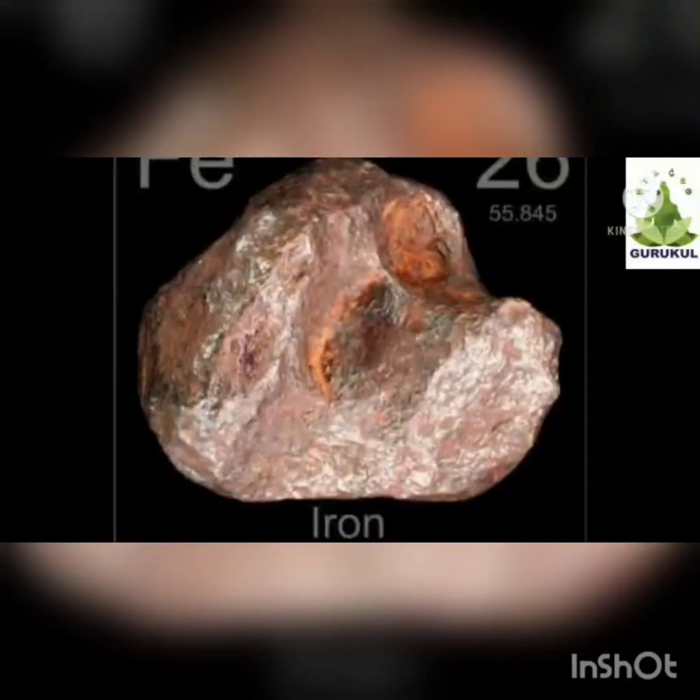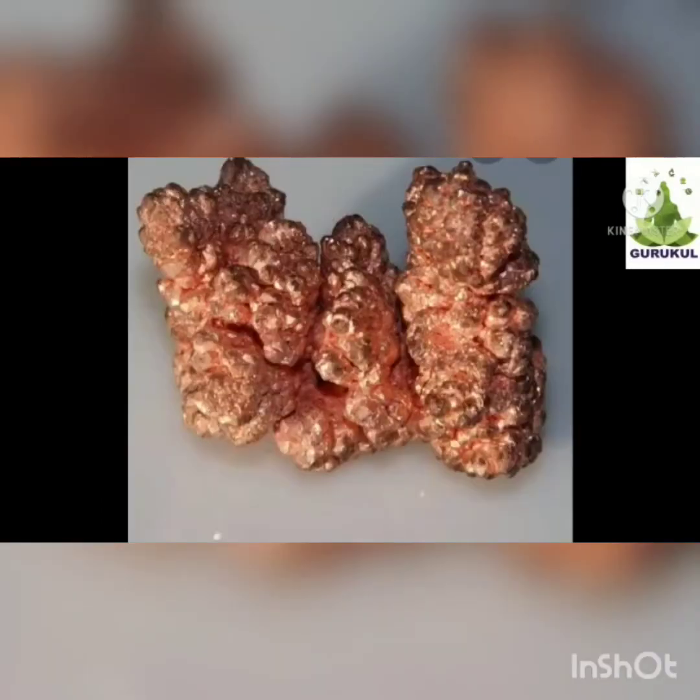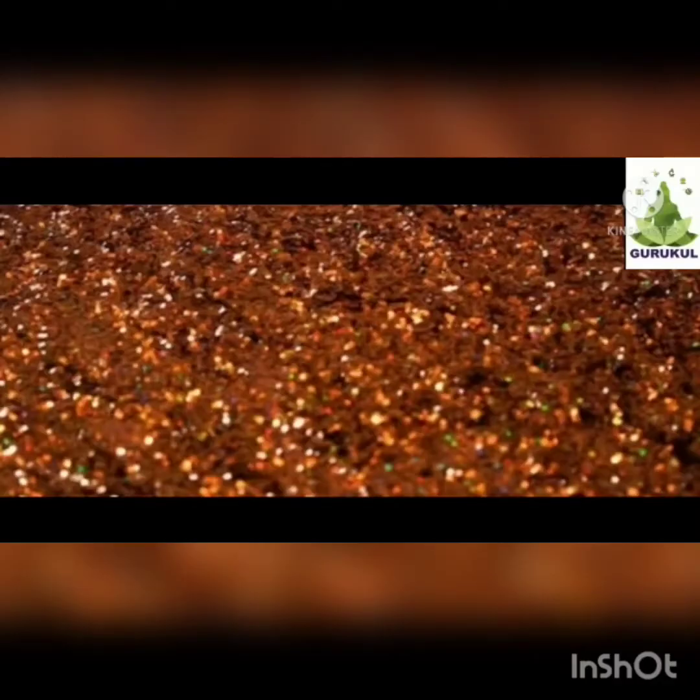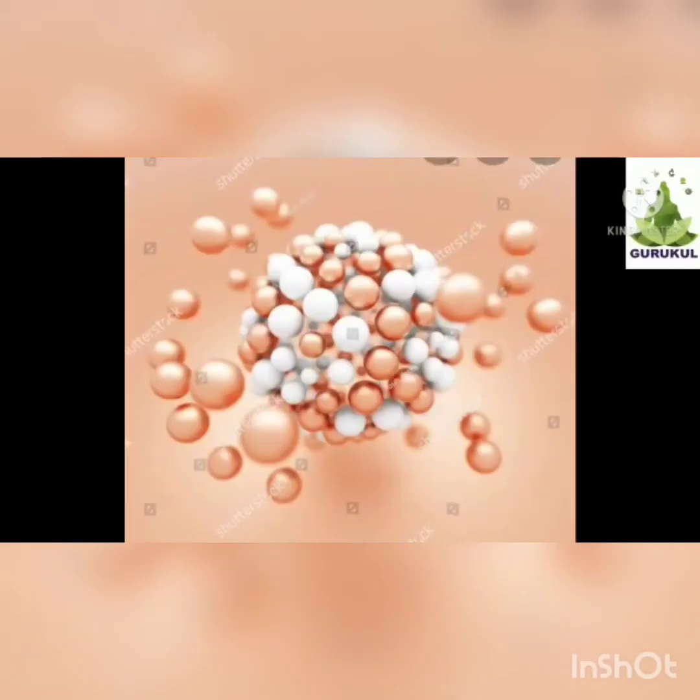When iron or copper, these are the metals, okay? So when they are made smooth with a file, we get particles of iron or copper, okay?